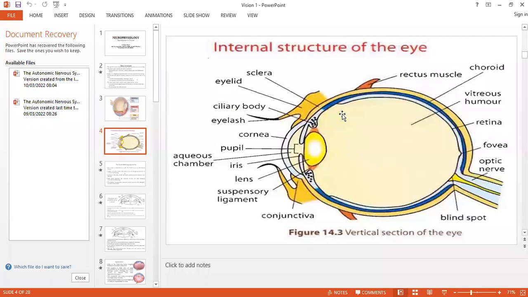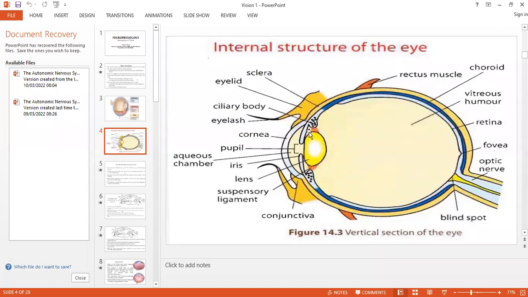Or in order for you to have the right accommodation, or in order for you to focus the light rays on the fovea centralis. And then away from the fovea centralis, you're going to have plenty of rod cells scattered around the retina. But that doesn't mean that in the other areas there are no cones. There are cones there, but they are very few as compared to the rod cells. We'll learn about this later on.